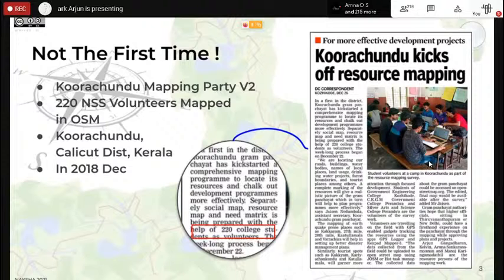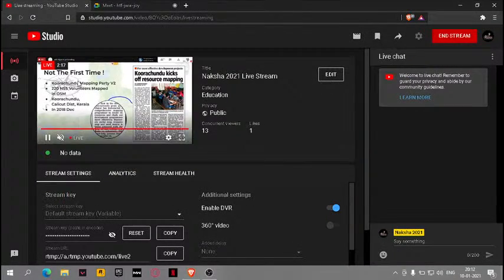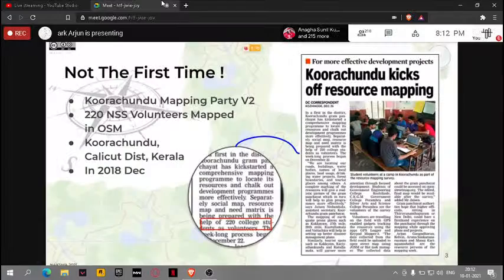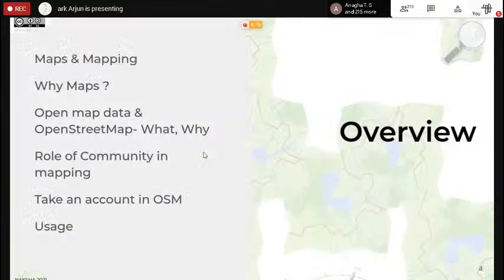So this is not the first time the NSS and OSM community are joining hands. We are happy to have continued support from the NSS volunteers and the whole team.